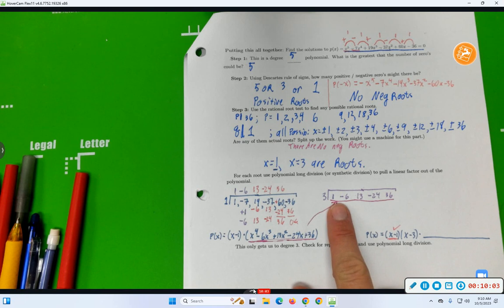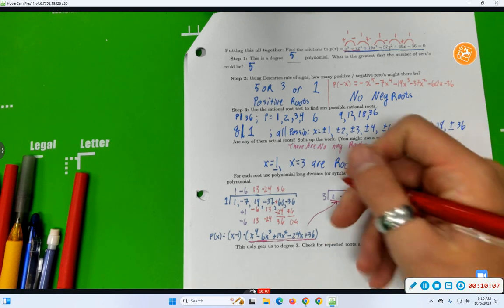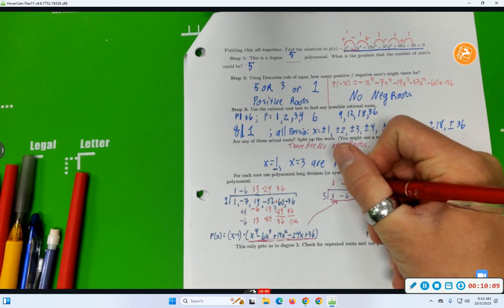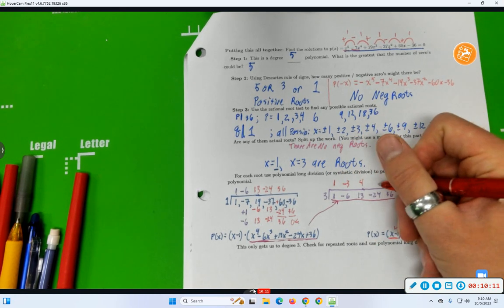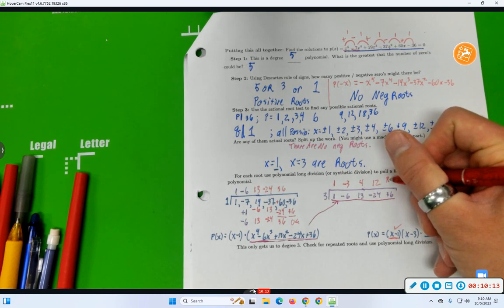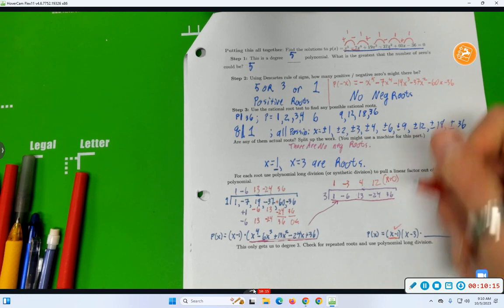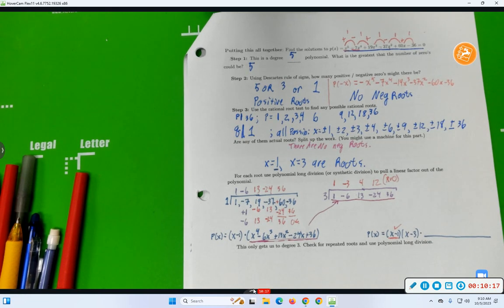What numbers are on top of the box? Yeah. 1, 2, 3, 4, 12, 15. That agree? Cool. What does that mean?